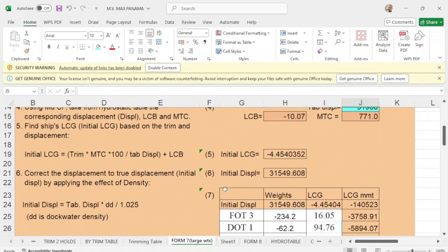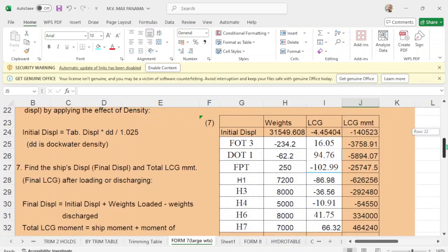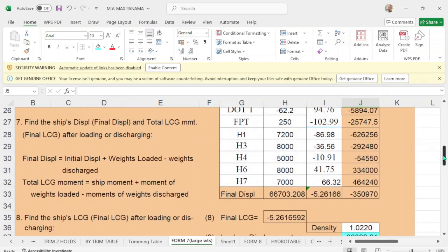Take note, guys, initial displacement is 31551. This one is different but the same. Just put it there, initial displacement and your LCG, and your final displacement is 66073.02.